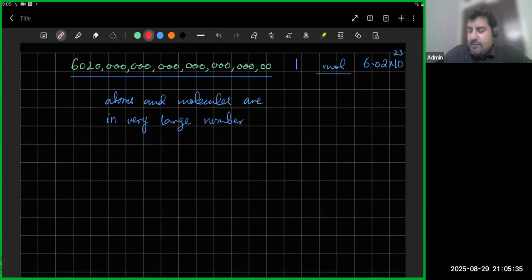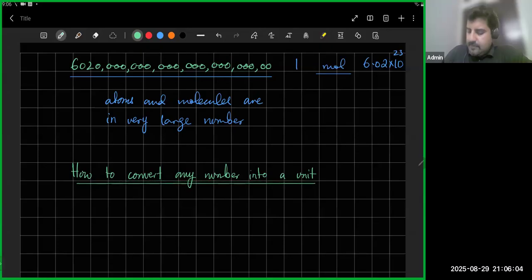Now, the very first thing is, how do you convert to a unit? That's easy. The conversion is like any other conversion. So how to convert any number into a particular unit? And that is simple. What do you do?